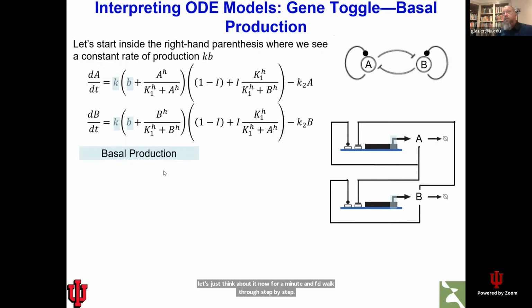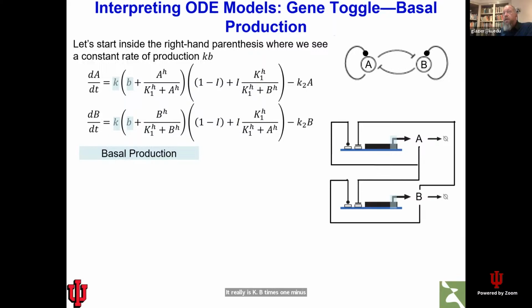So the first thing that I notice is that there are these terms here that aren't necessarily multiplied either by A or B. So this is a constant. It really is KB times 1 minus I, a constant.